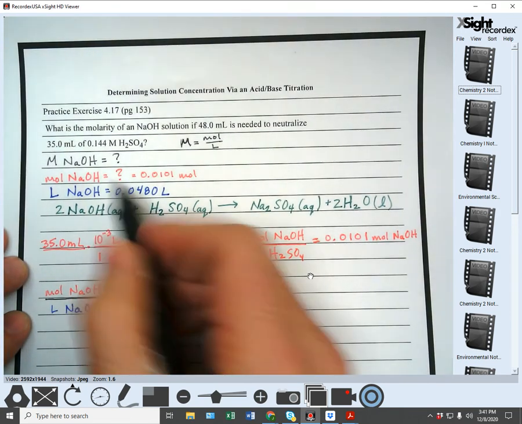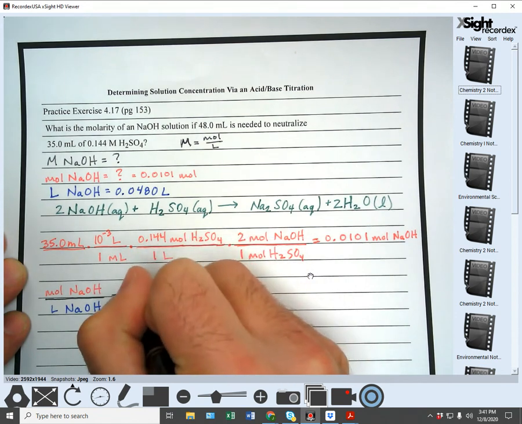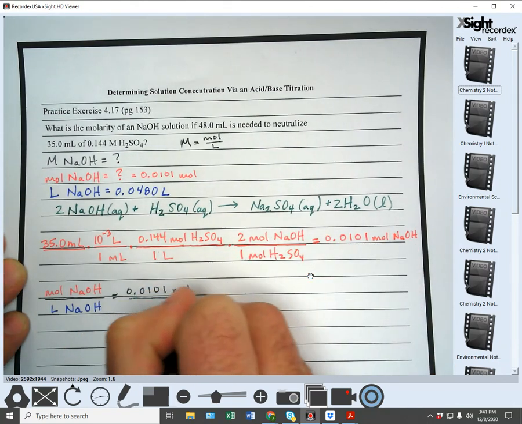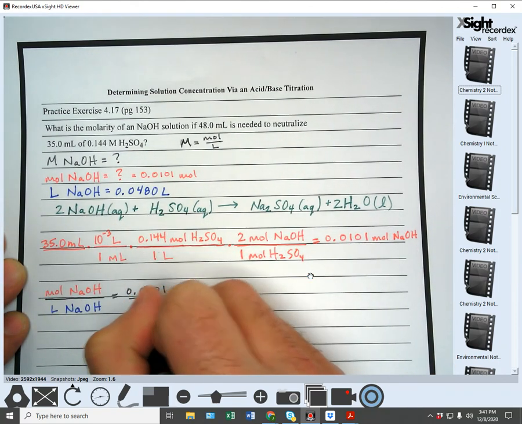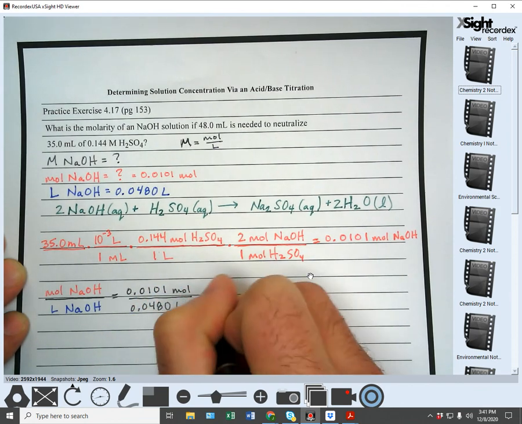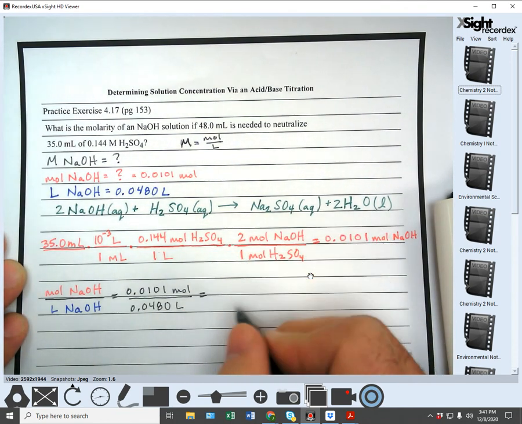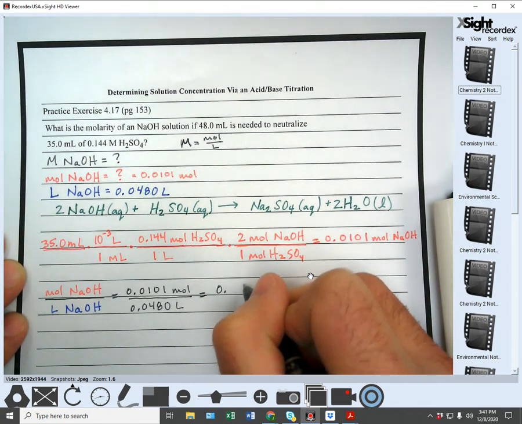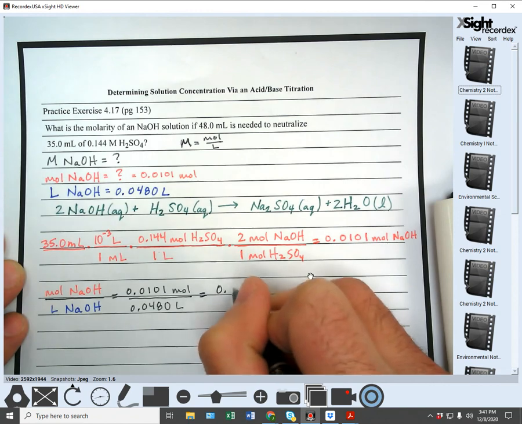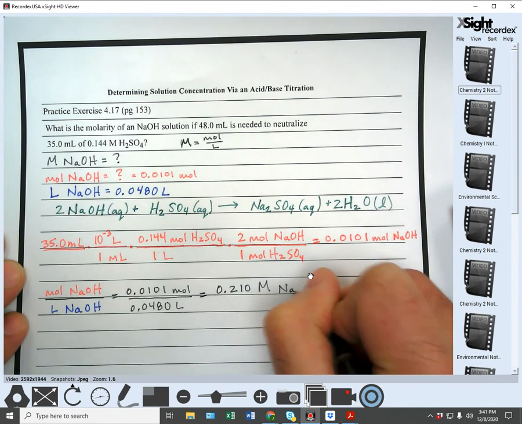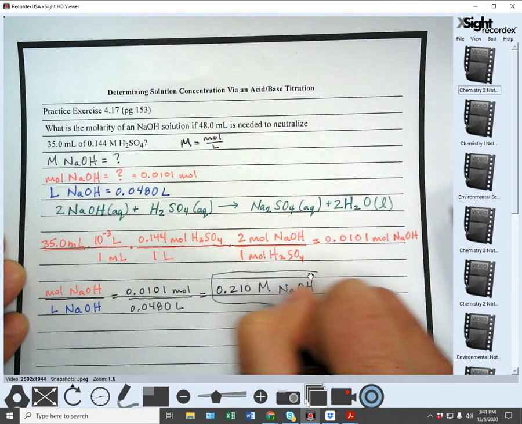So moles of NaOH over liters of NaOH. This gives us 3 significant figures, so 0.210 molar NaOH. And that's your answer.